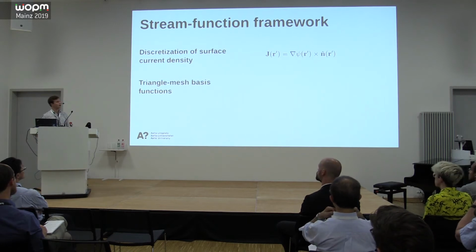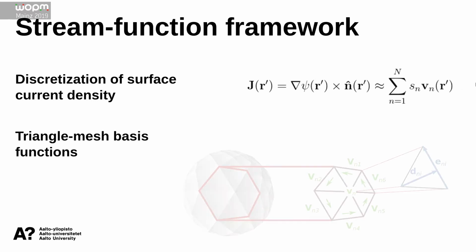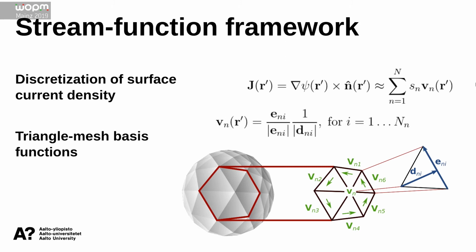So typically you might have surface current density. You express that using some basis functions. This might be a Fourier basis on a 2D plane or an infinite planar on a cylinder or whatever. But if you go to a triangle mesh, it becomes a bit more general. You can have arbitrary surface shapes, whatever you want.